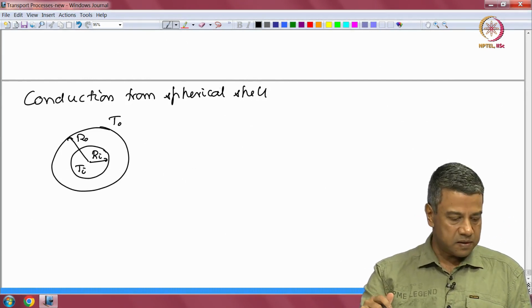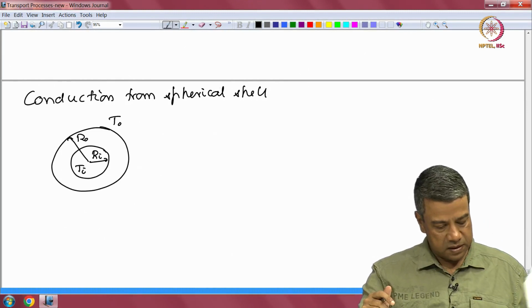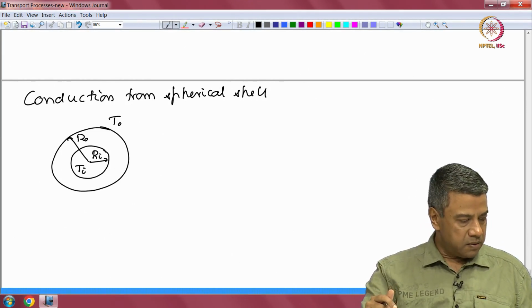Steady state in the absence of sources or sinks of energy. Okay. So, how do we solve this problem?